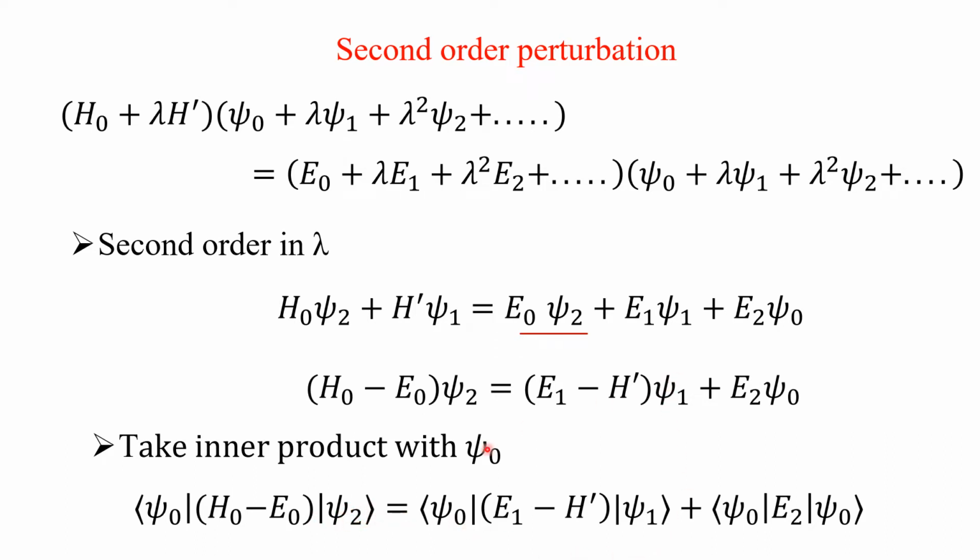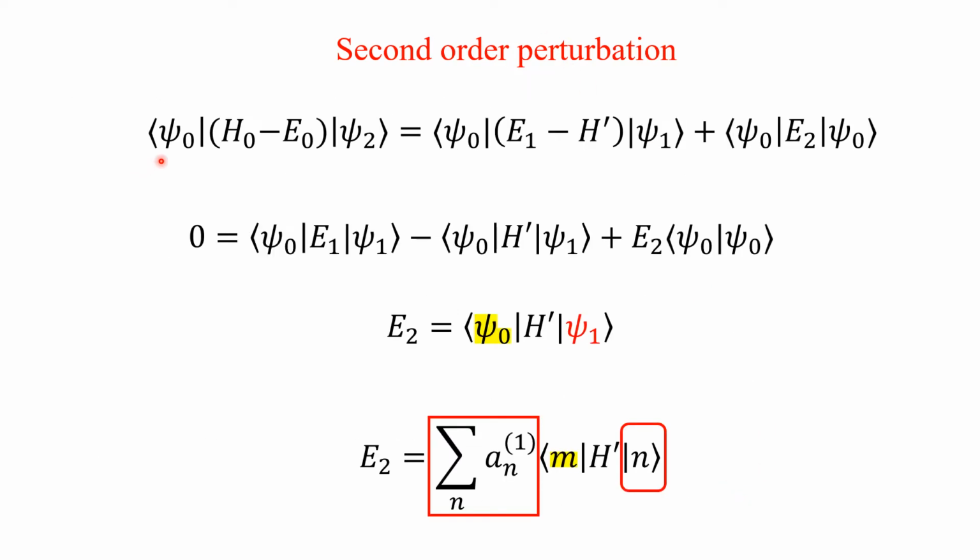Similarly, on the right hand side, you have ket psi 1 and ket psi naught, each with bra psi naught. So, after taking the inner product with psi naught, you got this expression.